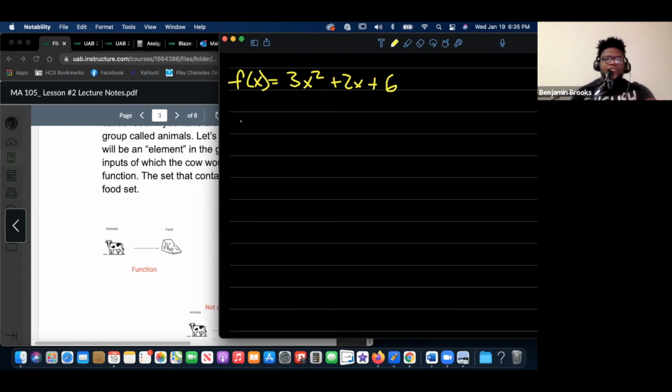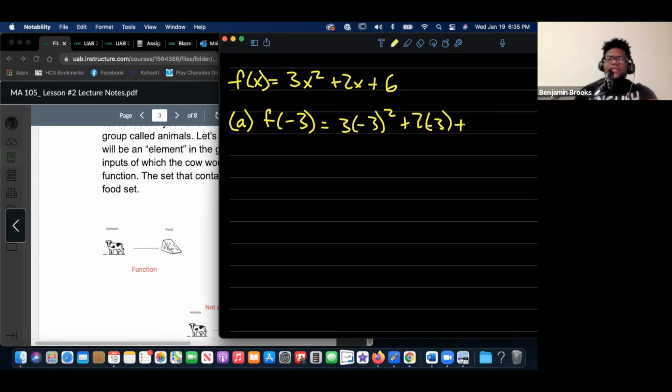For problem A, we're asked to find f of -3. So f of -3 is going to be 3 times -3 squared plus 2 times -3, plus 6. Basically, everywhere I had an x, I have now replaced it with -3.